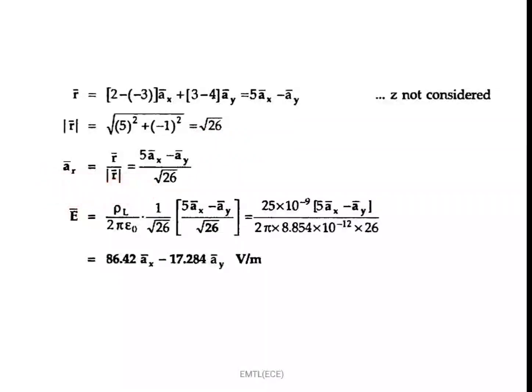Now the unit vector formula is aR equal to R bar by mod of R bar, and the R bar vector is 5 aX bar minus aY bar, and the magnitude of R bar is square root of 26. Now substitute the values of R bar and aR bar in the electric field intensity formula, that is rho L by 2 pi epsilon naught, 1 by R squared, R bar by mod of R bar.